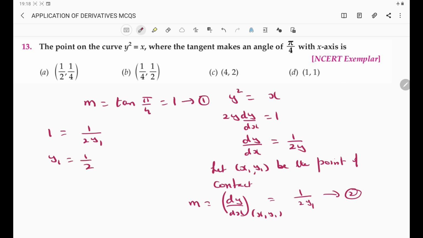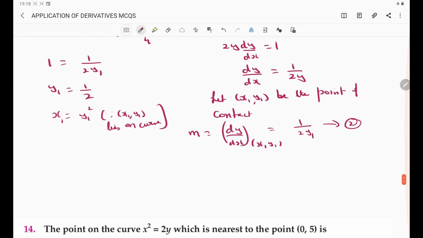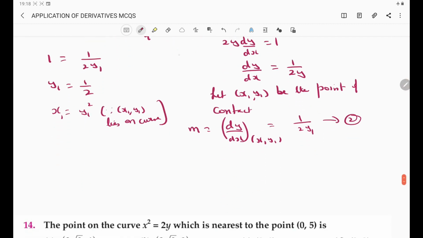Now since the point is on the curve, since (x1, y1) lies on the curve, we observe that x1 equal to y1 square, or we get this to be 1 by 4.